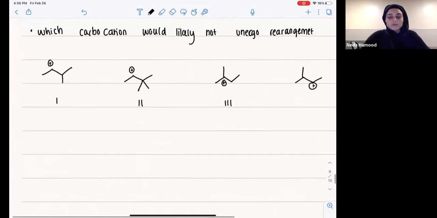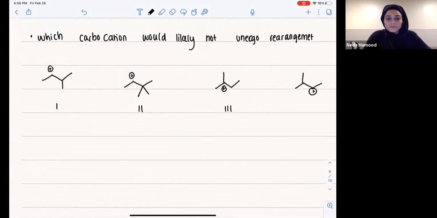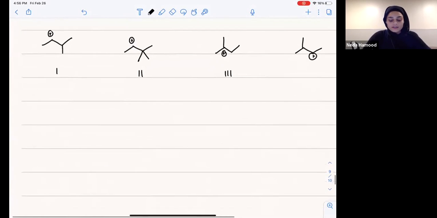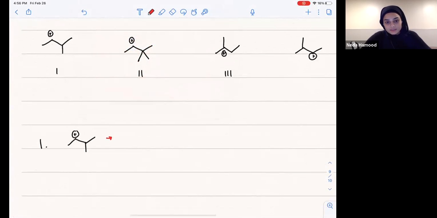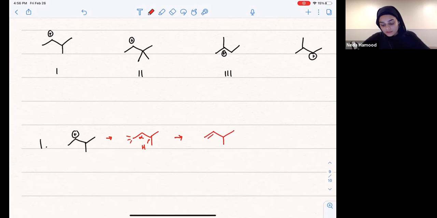So looking at 1, we have this as our original. We can have this as a product. This is our alpha, and these are the surrounding hydrogens over here. From that, we can get this, which is a primary.